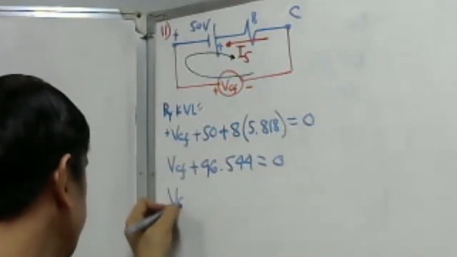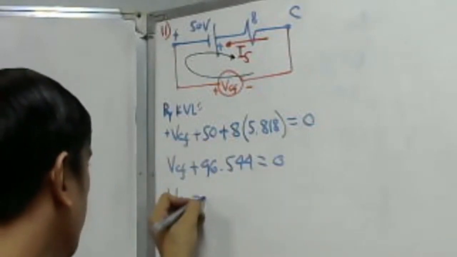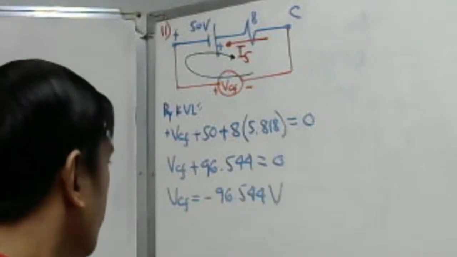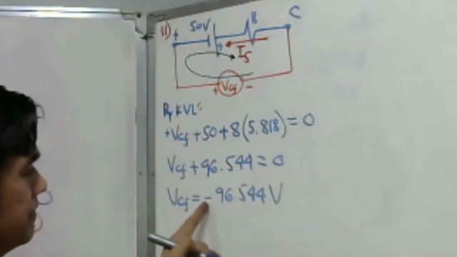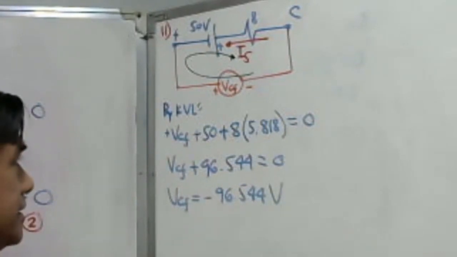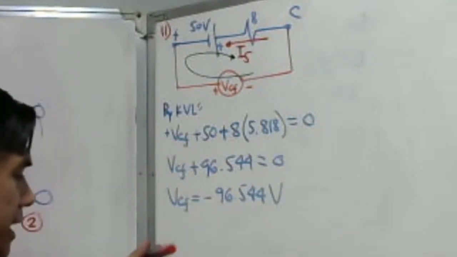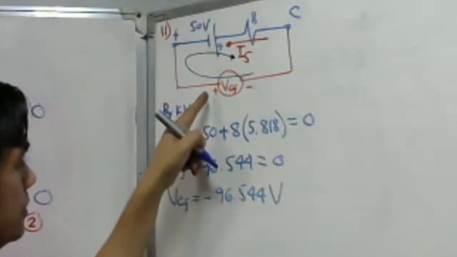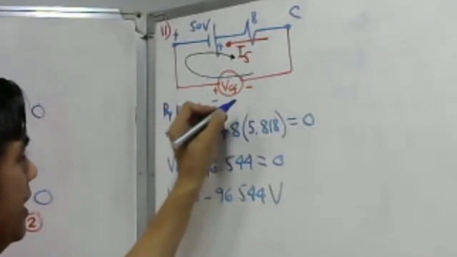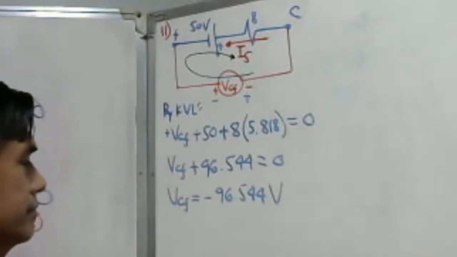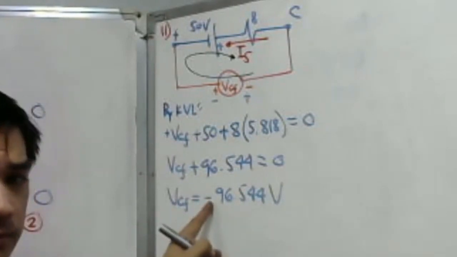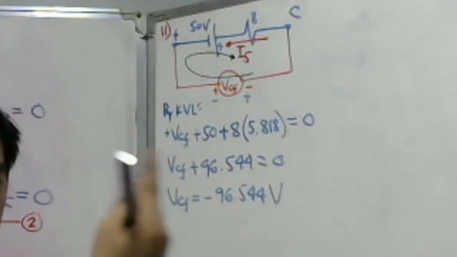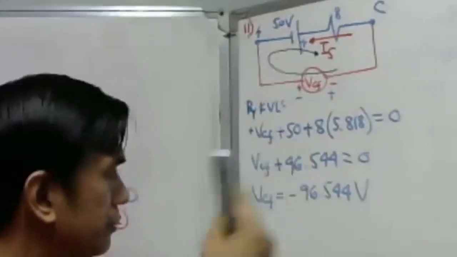Let us transpose. VCF now will become negative 96.544 volts. Well, actually, the negative indication here simply means that the assumed polarity here is wrong. So that means make this negative and make this positive. If we have a negative voltage, there will be a reverse deflection on the opposite direction of your meter.